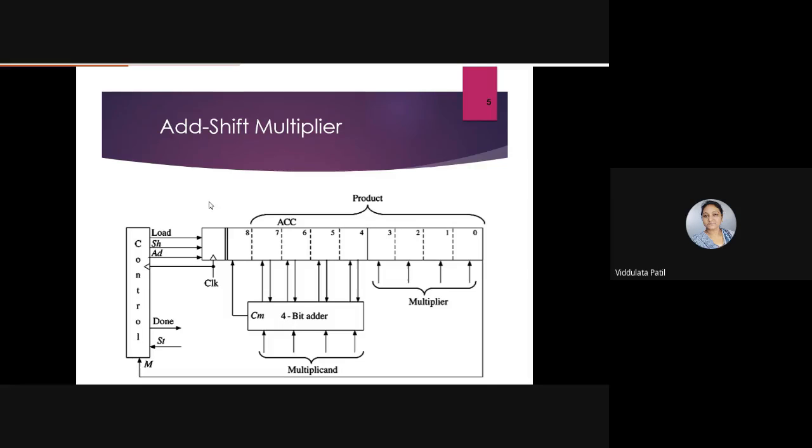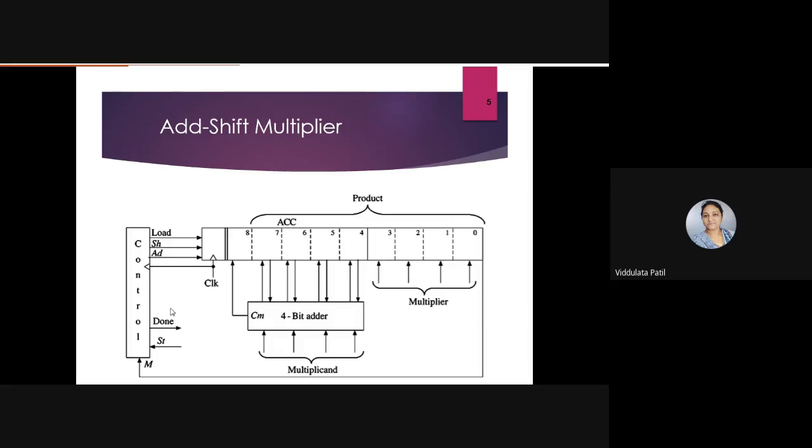Now for this we will have certain controls, like some inputs, that is load, then shift or add. These inputs may be required at the same time, and as this is a sequential circuit, we will require a clock, and then we require an output, that is done.